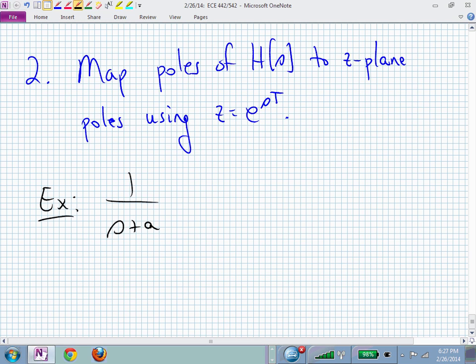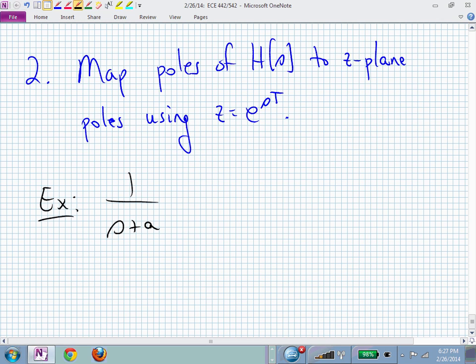And the short answer is no. We will get different H of z's for the same starting H of s in general. And with all three numerical integrations, we didn't get the same thing. And here we're going to get something slightly different. So this is another approach.